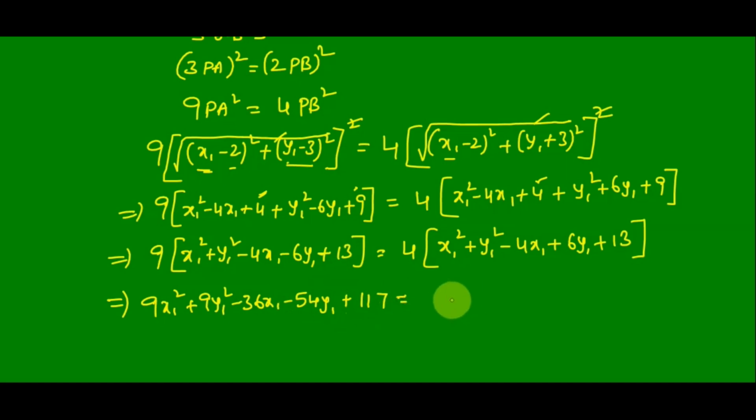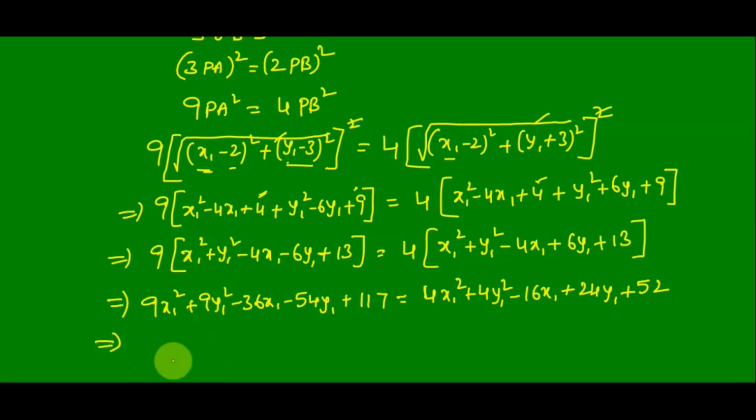Then on the right hand side, if you multiply this with 4, this will become 4x1 square plus 4y1 square minus 4 4s is 16x1 plus 4 6 is 24y1 plus 13 into 4 is 52. So now we'll bring all to one side.